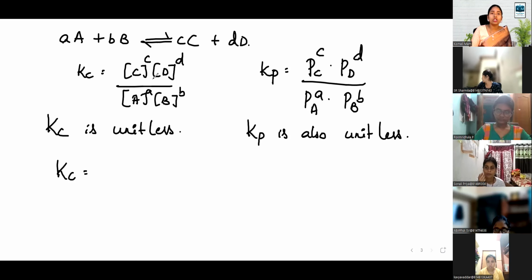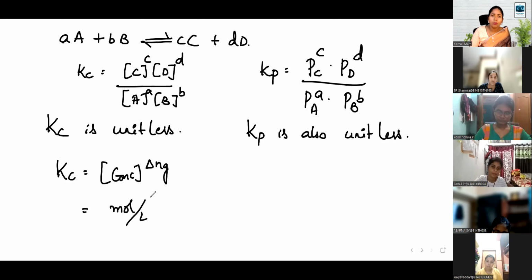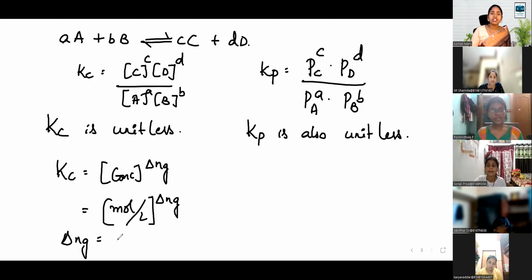Then Kc is equal to concentration to the power of delta ng. Concentration means mole per liter, so mole per liter to the power of delta ng. How to find delta ng? The number of gaseous products minus gaseous reactants. Only gaseous.